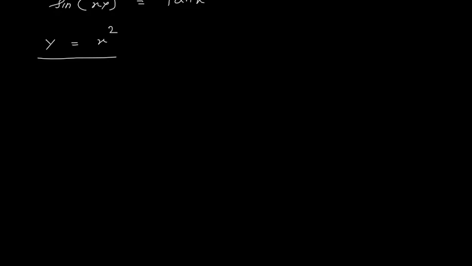Now if I say that x is 2t and y is 4t square, then can I say that y is equal to x square? Yes, you can write, because here y is 4t square, that is 2t the whole square, and this 2t is nothing but x, so it is x square. So y is indirectly dependent on x.